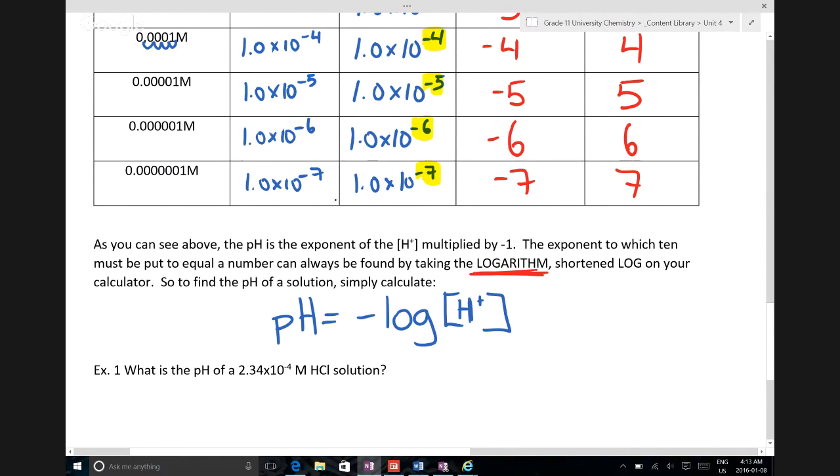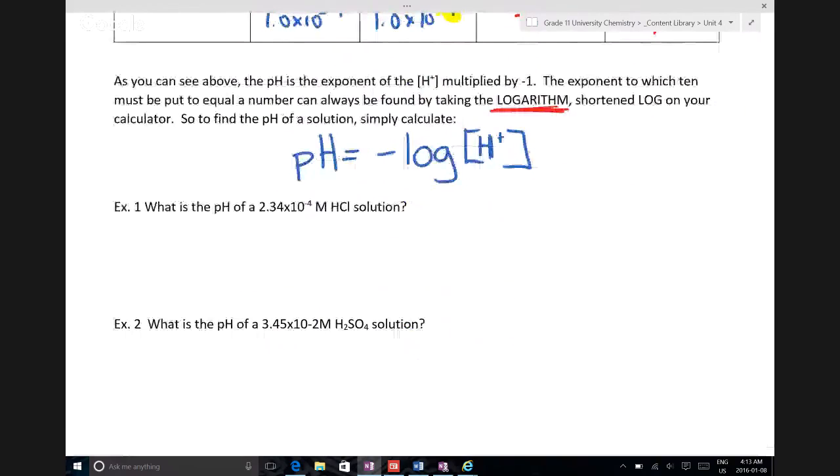Because H plus ions are what makes an acid an acid. So here we have an example. We have an HCl solution. And remember that HCl breaks down in water to give us those protons, those H plus ions, and the Cl minus ions.